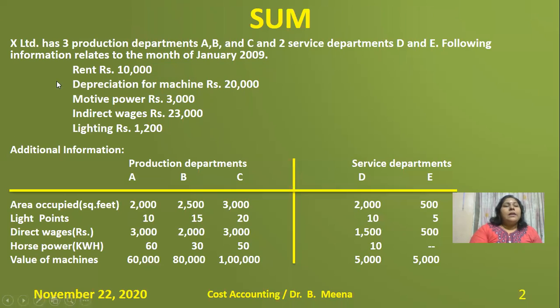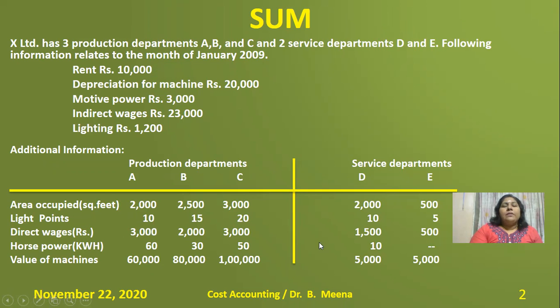Then next is indirect wages. This is a new item for you when compared to the previous videos. Indirect wages can be apportioned between production and service departments as per direct wages basis. So what is the direct wages basis? These are the amounts. So 3 is to 2 is to 3 is to... okay, sorry, I can cancel only two zeros because two zeros only is common for all the amounts.